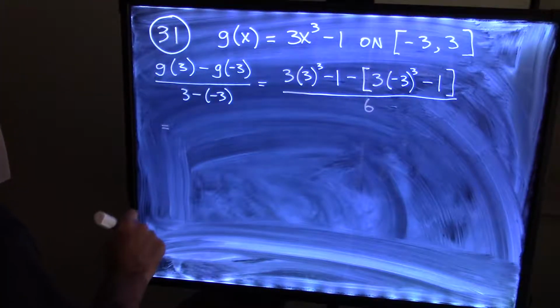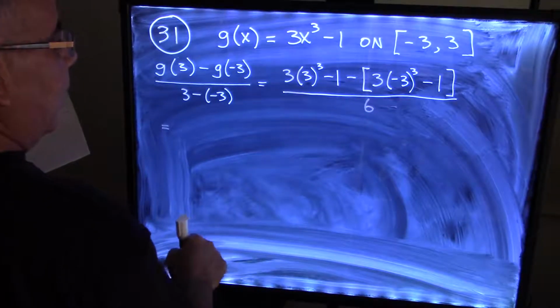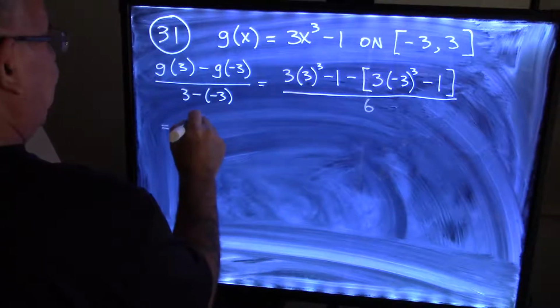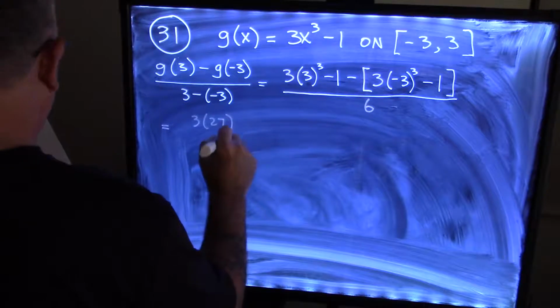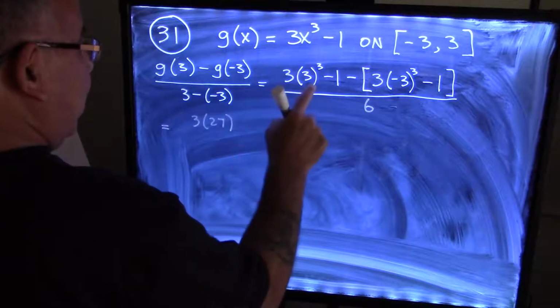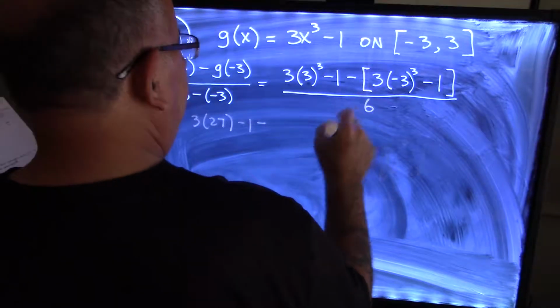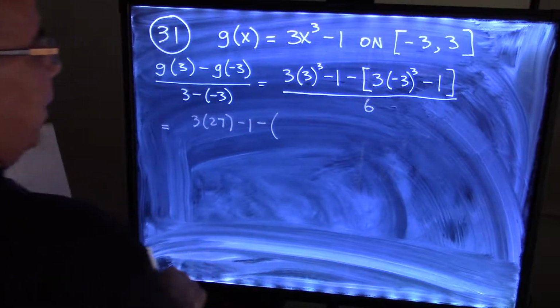So this is 3 cubed. 3 times 3 is 9. 9 times 3 is 27. So you've got 3 times 27, and then minus 1, minus, and here we've got negative 3 cubed is negative 27.